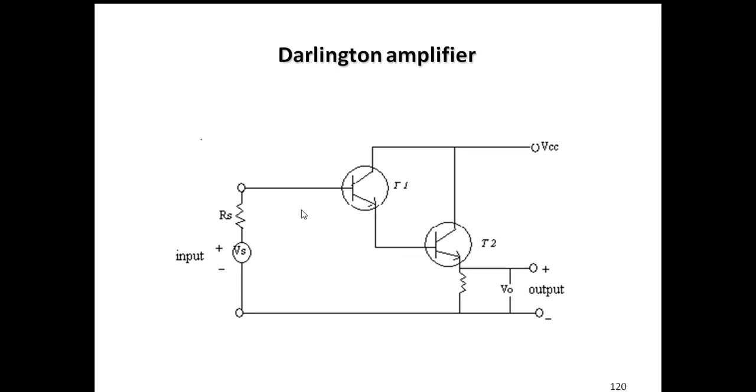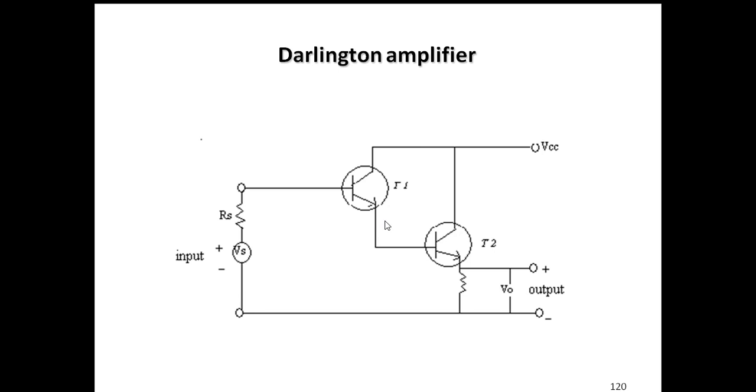Just now it is shown that the input is applied at the base of the transistor T1 and ground. Vs is the input, whereas Rs is the source resistance. The input signal is given to the base of the transistor T1, and any variations in the input will affect the output, which is taken from the emitter.